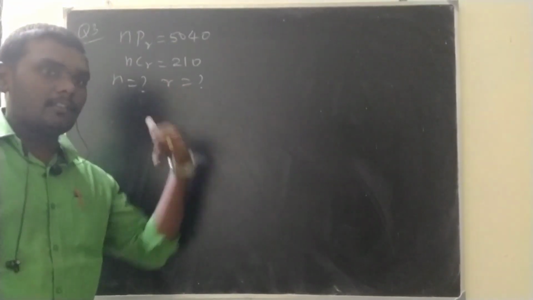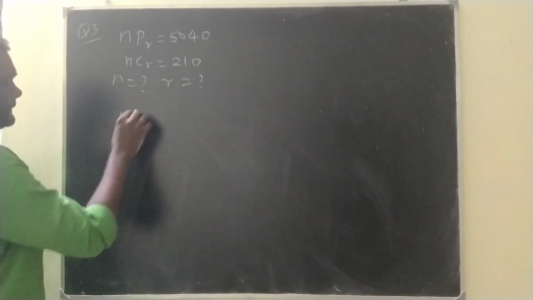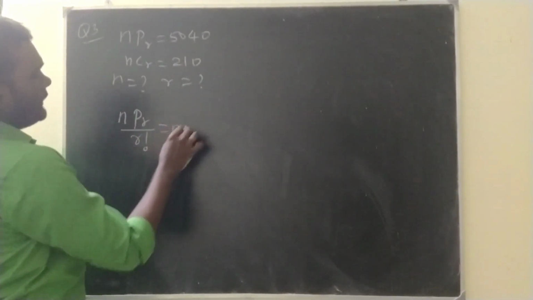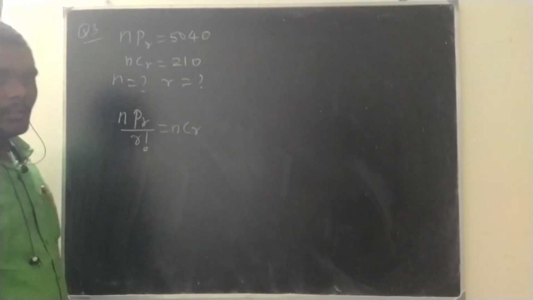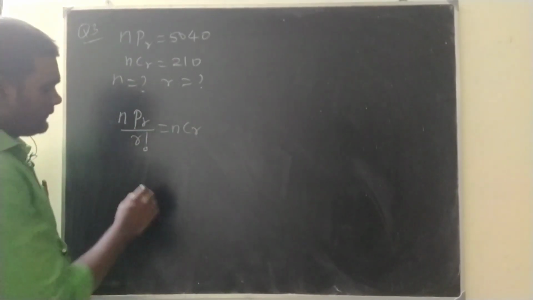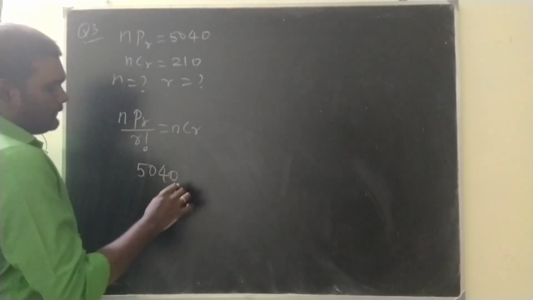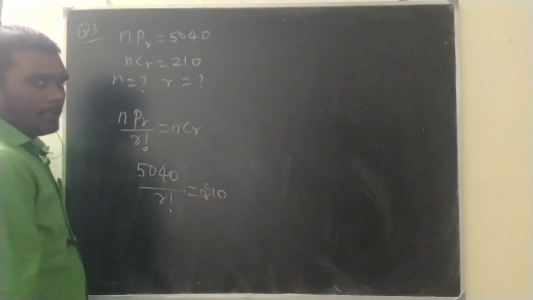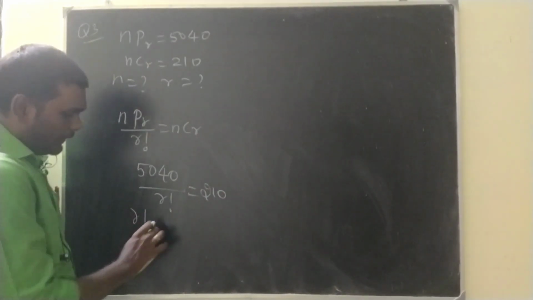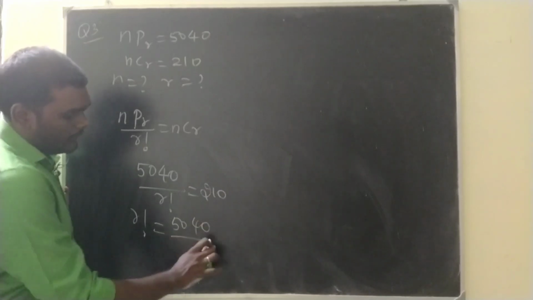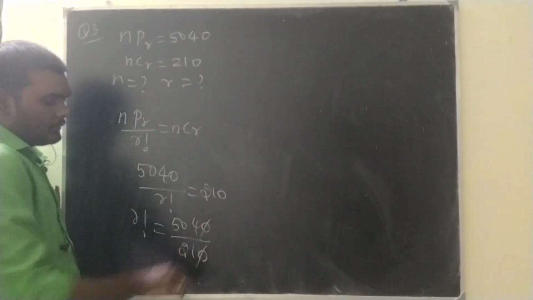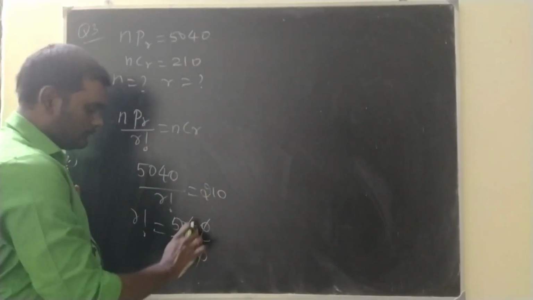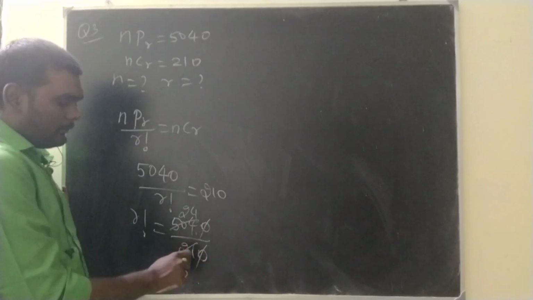Is there any relationship between these two? nPr by r factorial is equal to nCr. Then r factorial equals 5040 by 210. 0 will get cancelled. Then I think 24 times 21 will come.